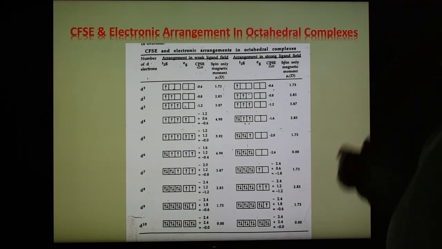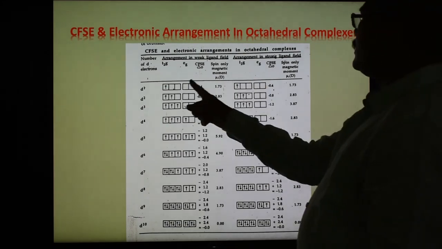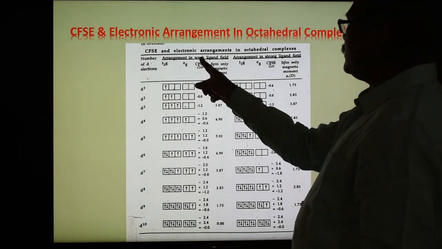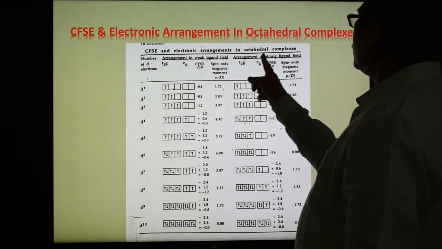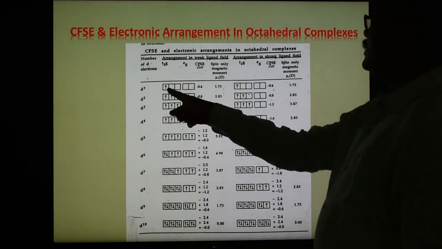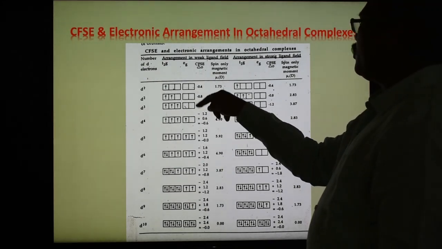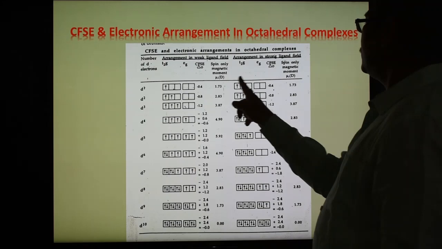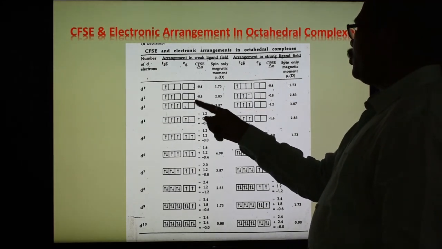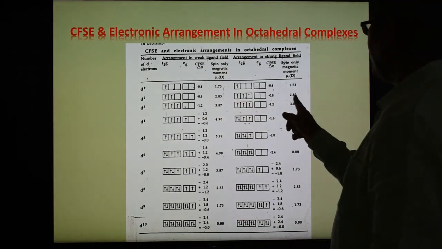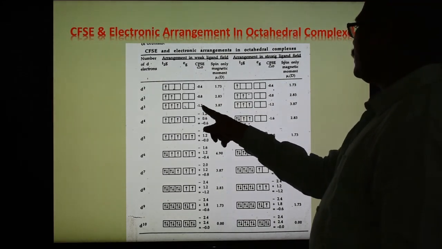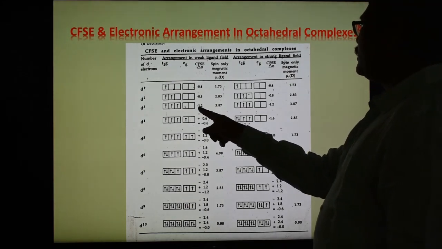In this arrangement in an octahedral complex, this is the number of d electrons, this is the weak field and this is the strong field, and the magnetic moment value is also given. For d1, one electron is here, so 0.4 minus, here also the same. For d2, it is 0.8, here also 0.8, and for d3, three electrons are there, so minus 1.2.